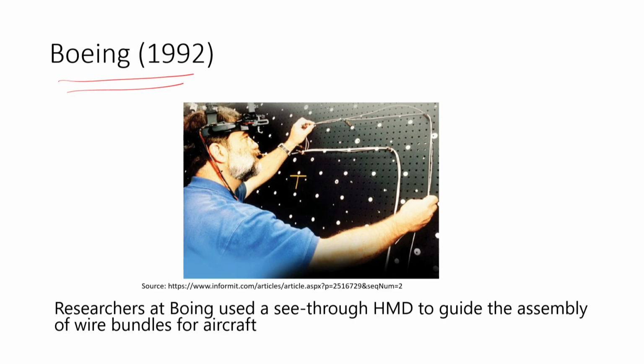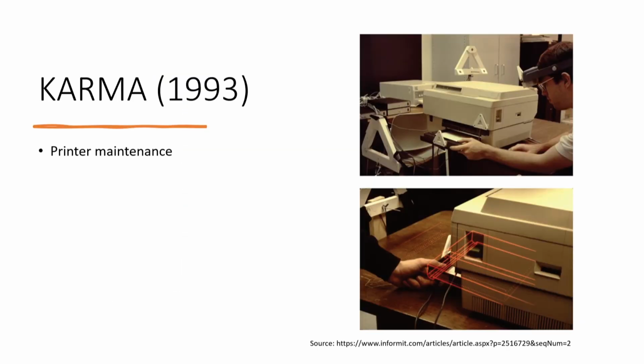Researchers at Boeing using a see-through HMD to guide the assembly of wire bundles for aircraft. You can see these wire bundles, and using this see-through head mounted display, they were getting guidance on how to actually assemble wire bundles inside an aircraft that Boeing was manufacturing.